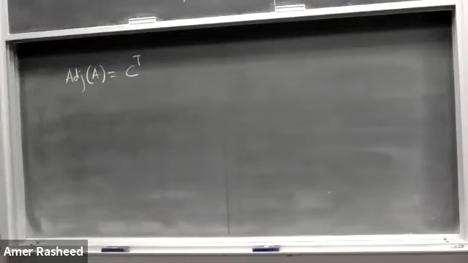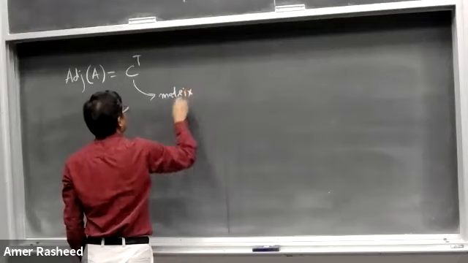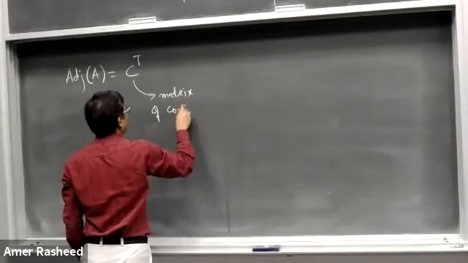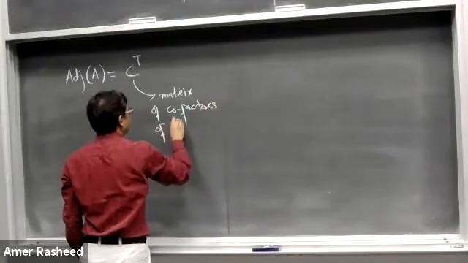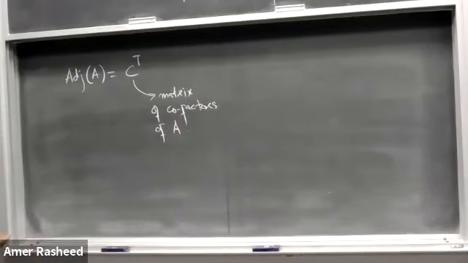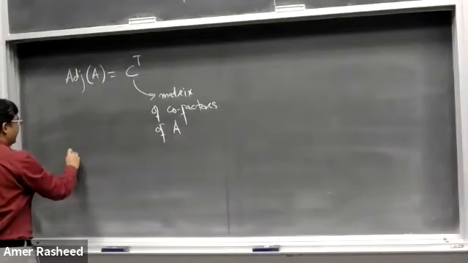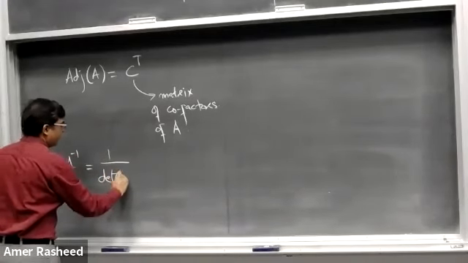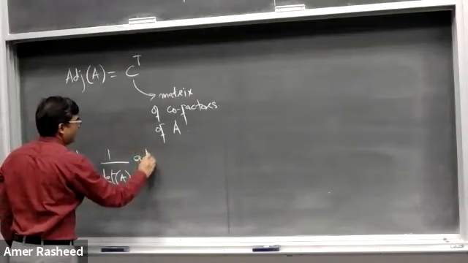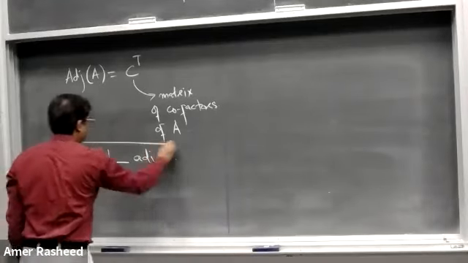C is the matrix of cofactors of A, meaning of elements of A. Once you have calculated the adjoint of A, then you can find the inverse of that given matrix, which is 1 over determinant of A times adjoint of A. This is how you find the inverse of a matrix using cofactors.